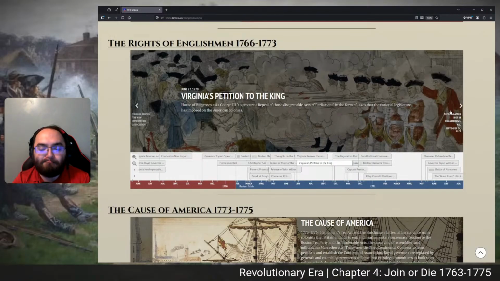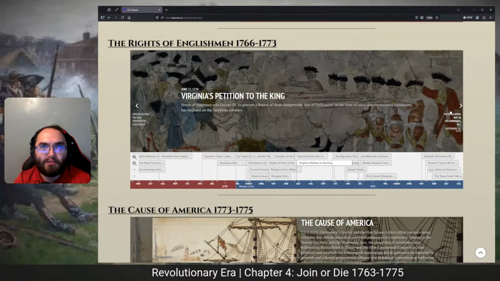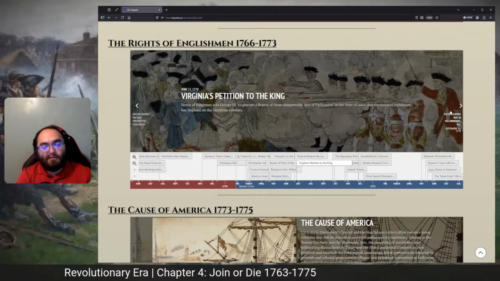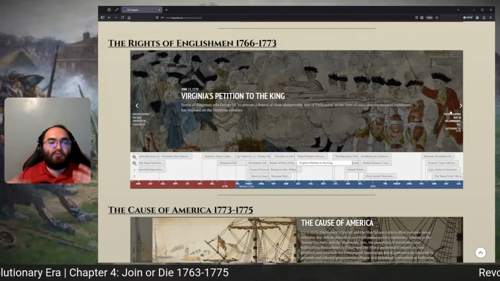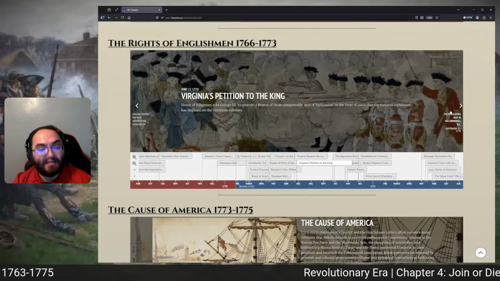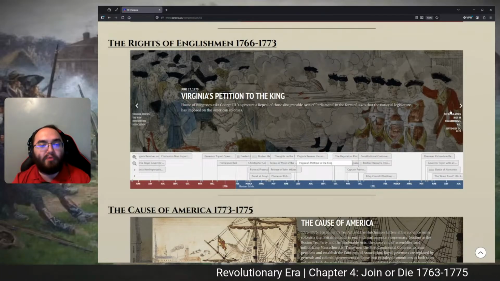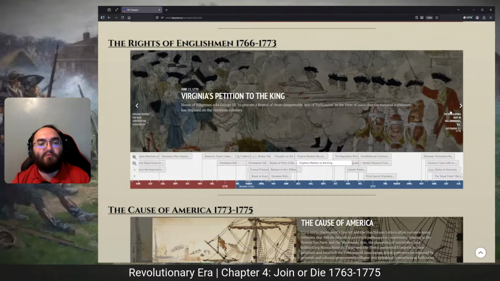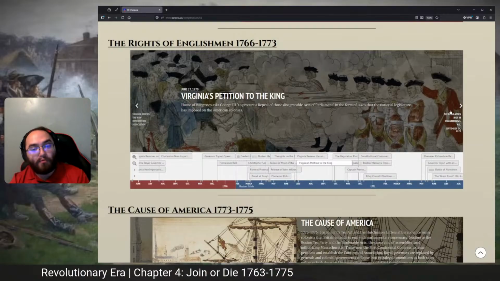And so now the colonies are trying to circumvent Parliament and appeal directly to the king. The colonies would do something similar at the end of this chapter with the Olive Branch Petition, which was meant for the king to see, not for Parliament to see.